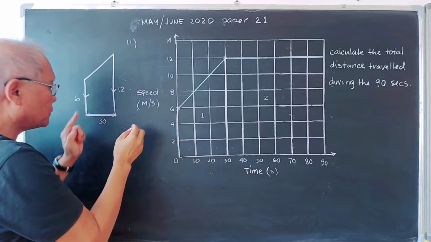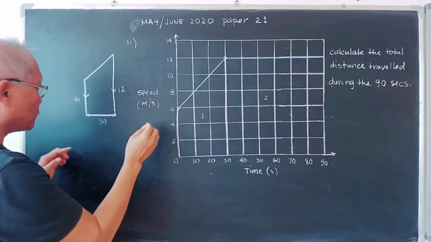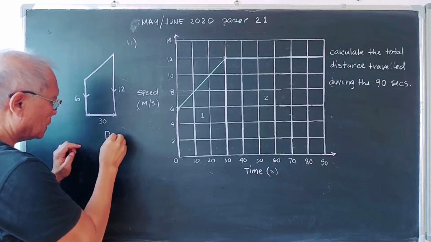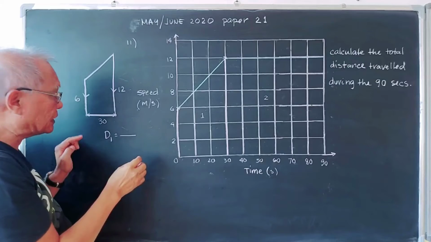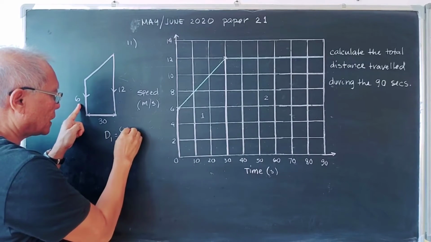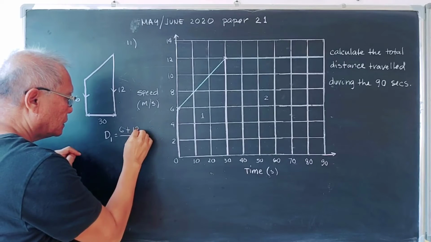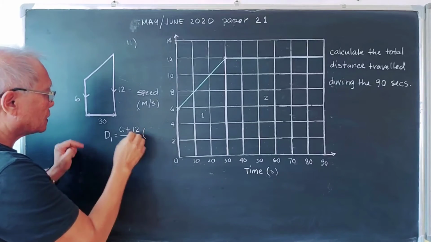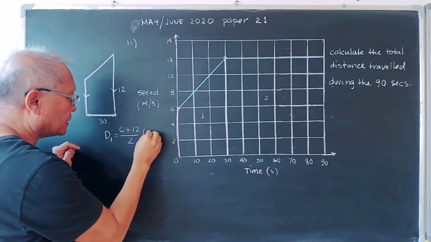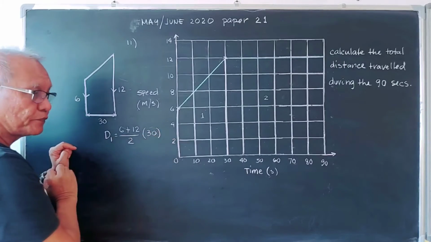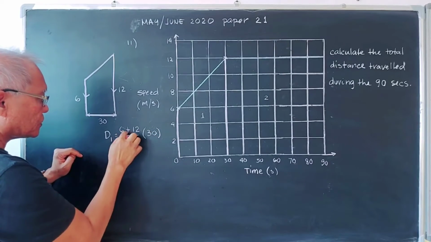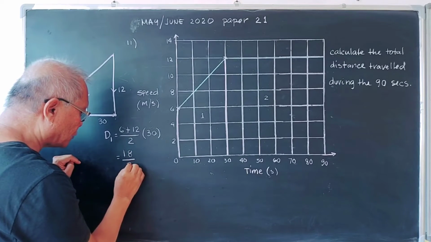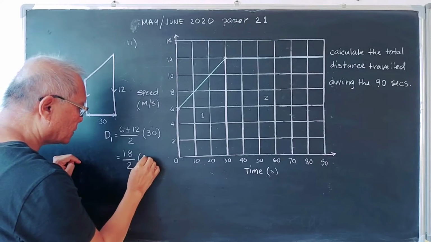So the area of this one, call this distance 1, is equal to, we add the two parallel sides, the 6 plus the 12, and then we divide it by 2, we get only the average, times the distance between them, which is 30. 6 plus 12 is 18, divided by 2, times 30.